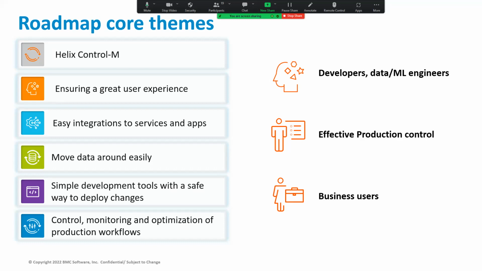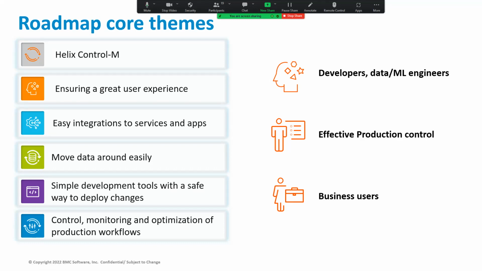And those of you who have seen Helix Control-M or will see Helix Control-M will notice that there is a lot of effort to accelerate the ramp up. There are a lot of tools like welcome pages, step-by-step tooltips, functional flow documentation, how-to videos, all this stuff to enhance the user experience. Then there is a lot of focus on integrations.